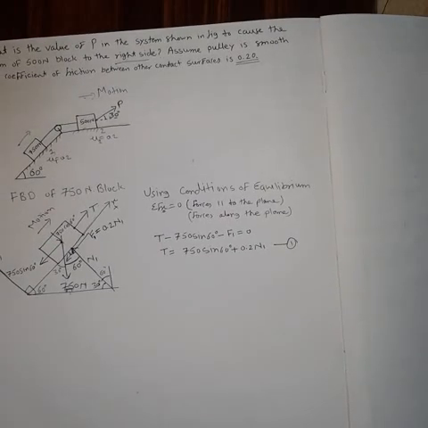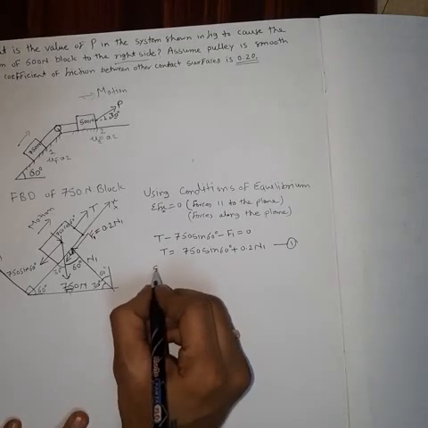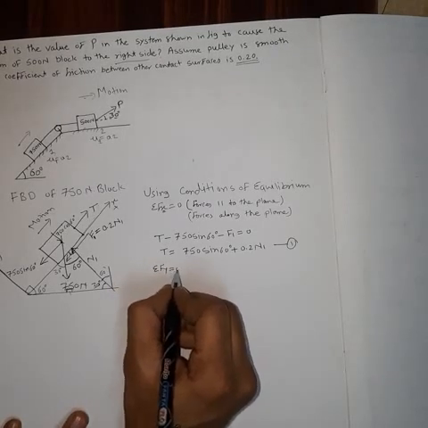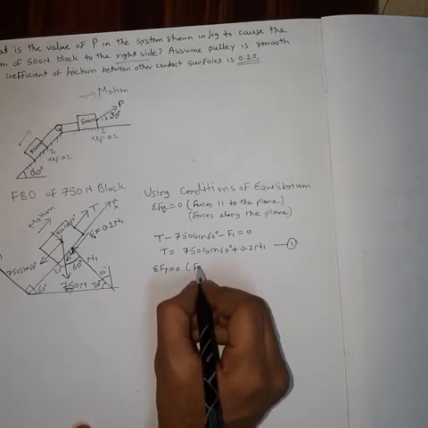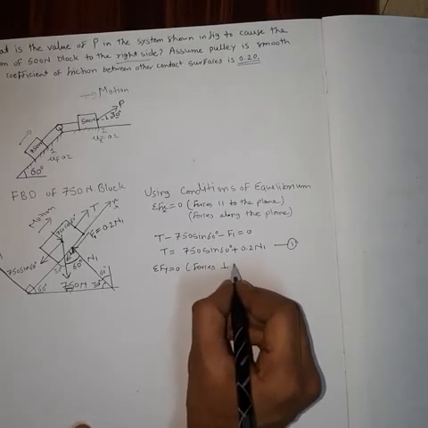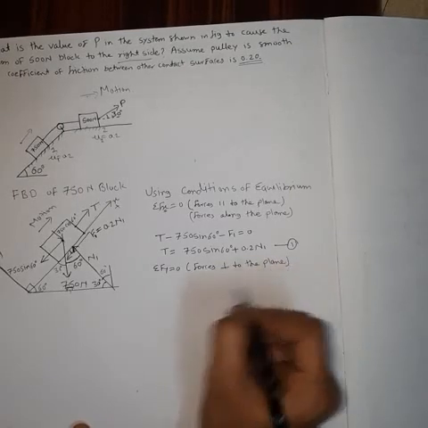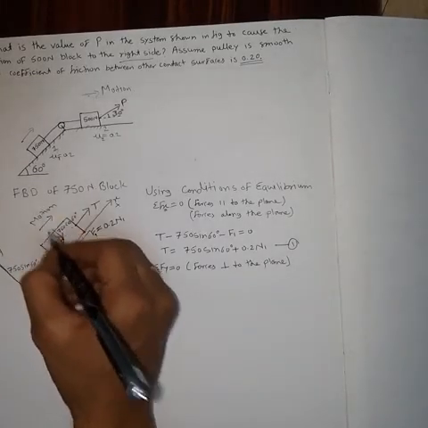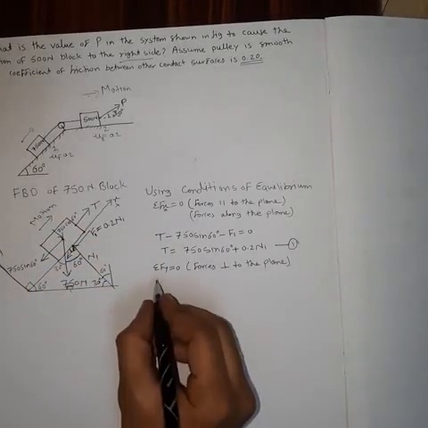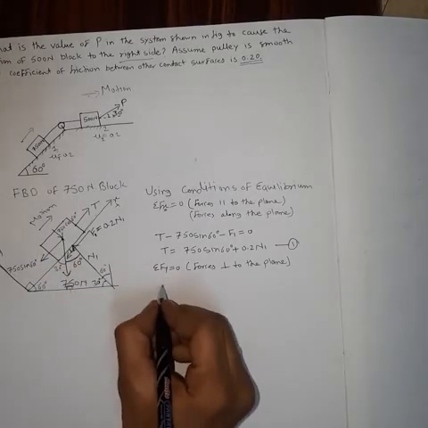So again, using the second condition, that will be algebraic sum of component of forces which are perpendicular to the plane. So this is our y direction. So summation Fy equal to 0 means forces which are perpendicular to the plane is equal to 0. So that will be N1.